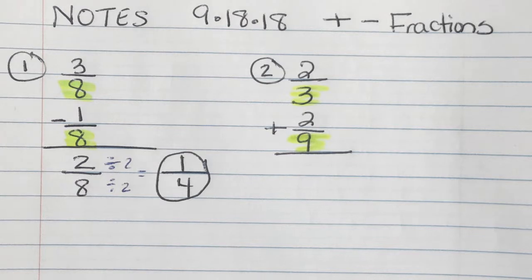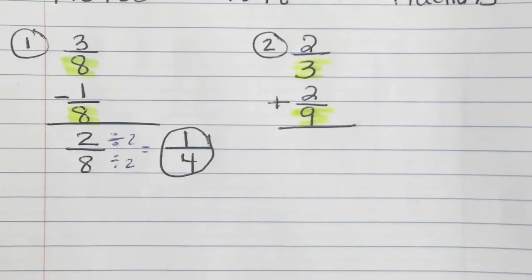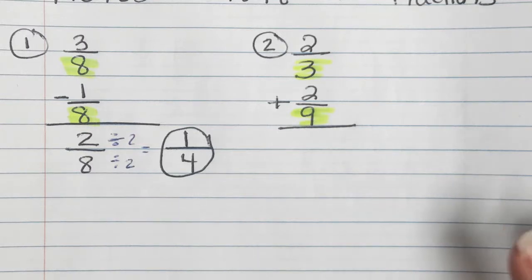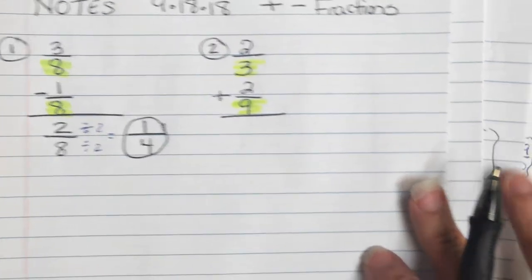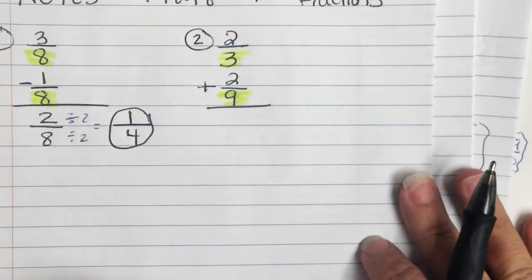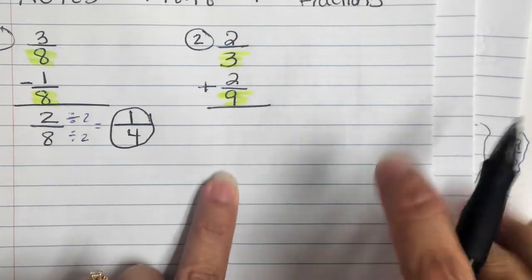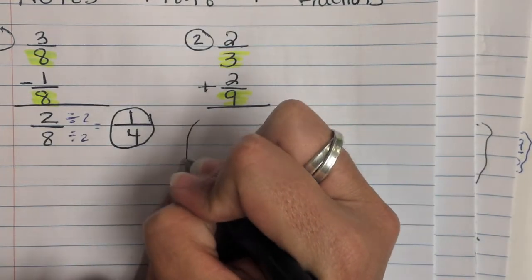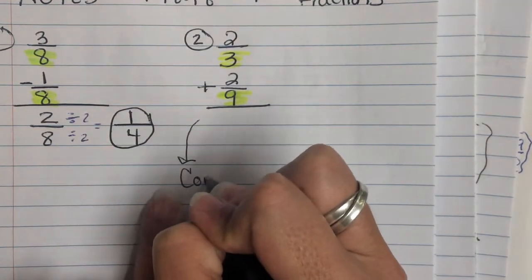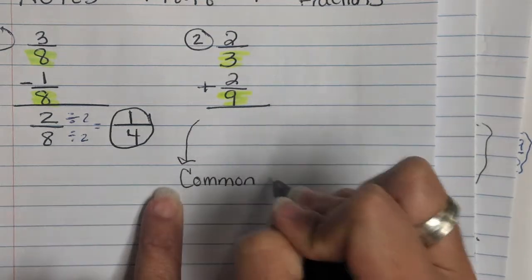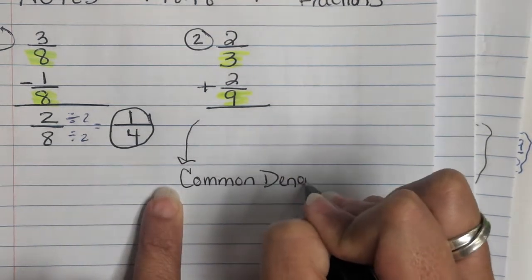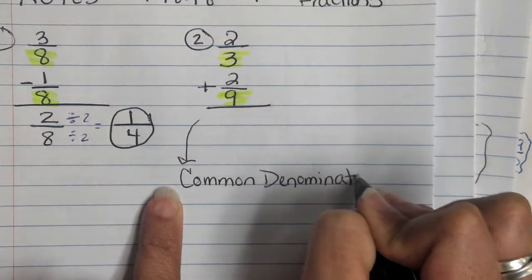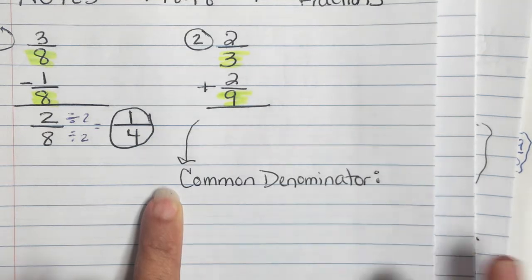Now, that means our bottom number has got to be the same. Okay, to find a common denominator, and I'm going to kind of shrink this down and put it over here or something. The official way to find a common denominator, if you need to write this, write it. Like if you think later you might need it.